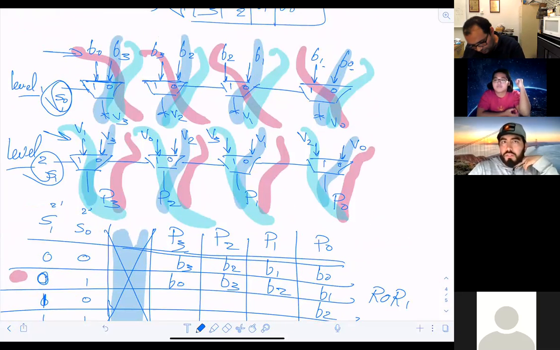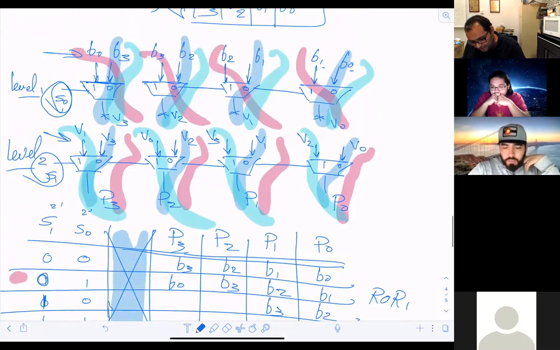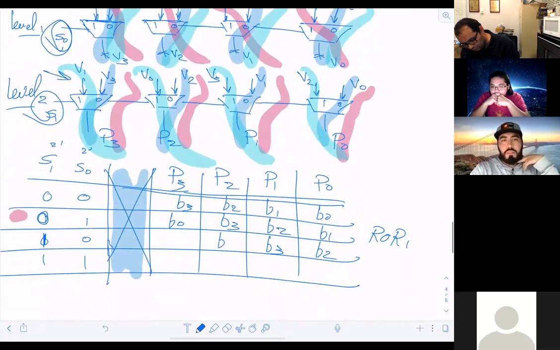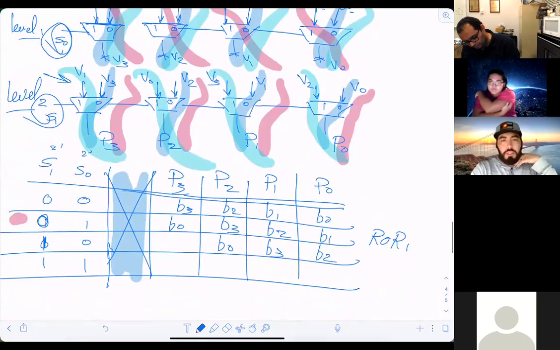V3 is B3. P2 is V0. V0 is B0. P3 is V1. V1 is B1. So what is this? Rotate right 2. Exactly.